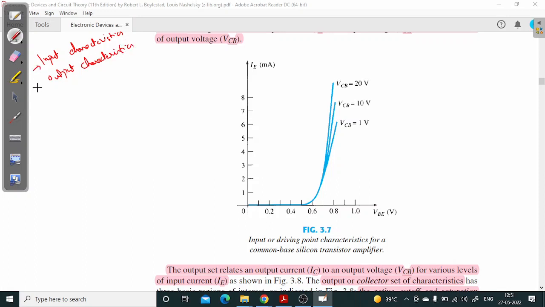So we have two sets of characteristics, input characteristics and output characteristics. And this is the figure for the input, also called the driving point characteristic, for a common base silicon transistor amplifier.